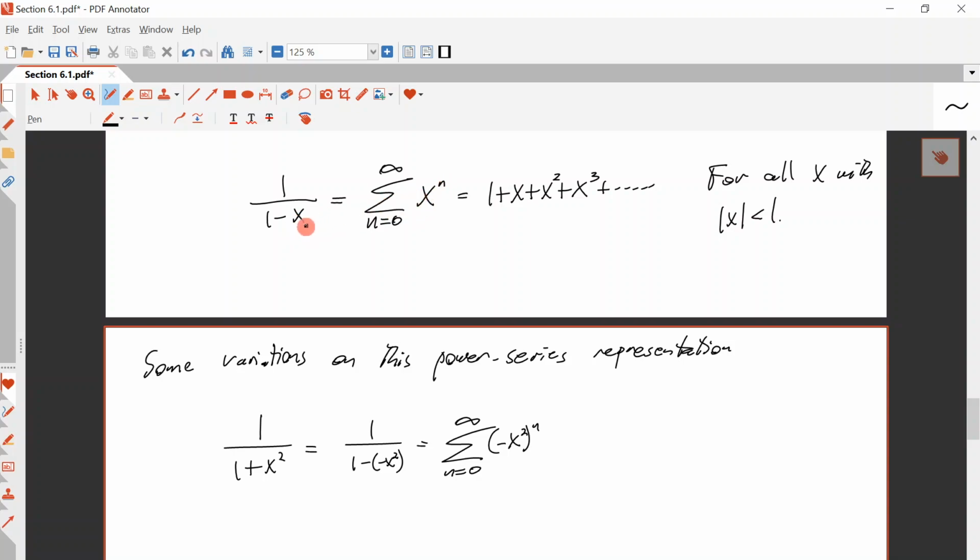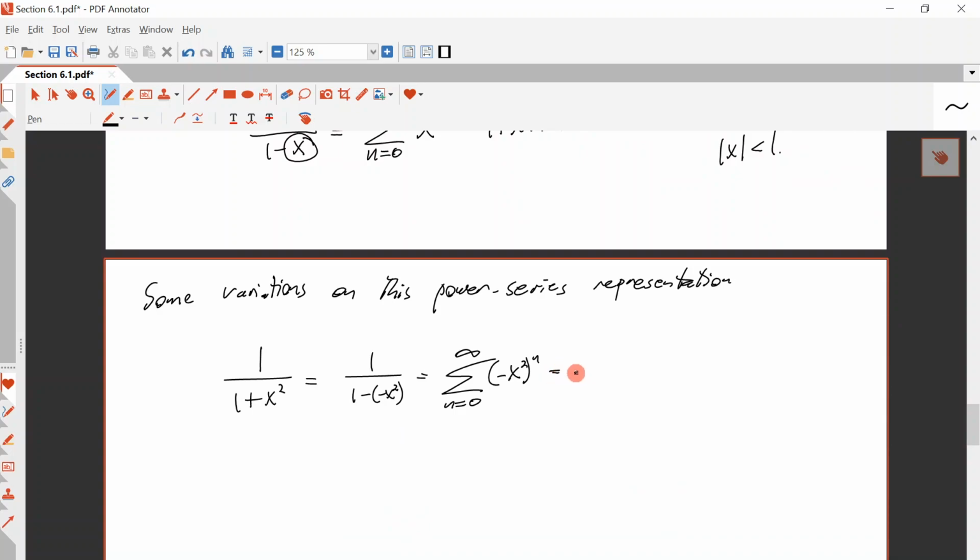So all I did is I replaced x with minus x squared, and I get that. Instead of x to the n, it's minus x squared to the n. Alright, so this is equal to the sum, n equals 0 to infinity, minus 1 to the n, x to the 2n. For which x's?